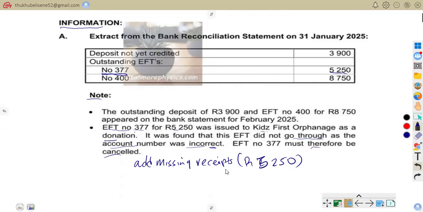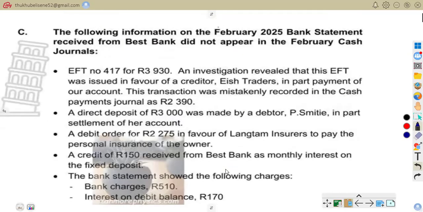So we know that a cancellation has taken place. Now this is going to be added to our cash receipts because initially it was recorded as a payment, but now we have to reverse it. Now it has to come back as a receipt. So now let us record it in our answer book.